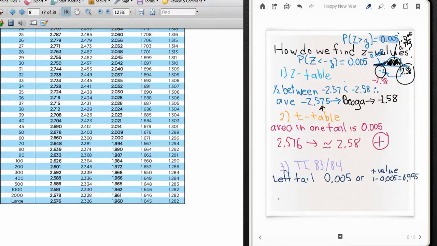So now what I have to do is go to my distributions menu, and I get this with the second function of the variable key. So second function and then the variable key, and then I go down to the inverse normal.